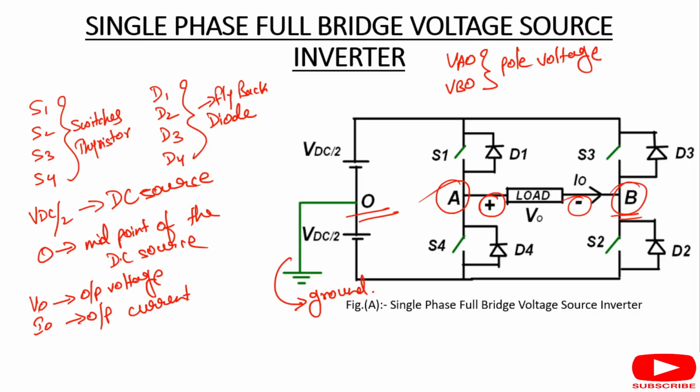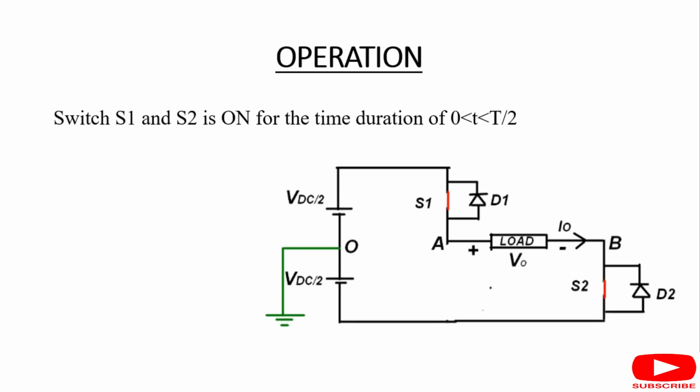So let us see the working operation of this inverter for the time duration of 0 to T by 2. For 0 to T by 2, switches S1 and S2 are on. So when S1 and S2 are on, the pole voltage VAO must be VDC by 2 and the pole voltage VBO must be minus VDC by 2.